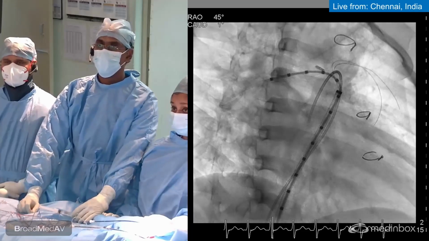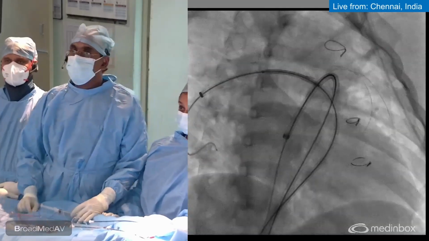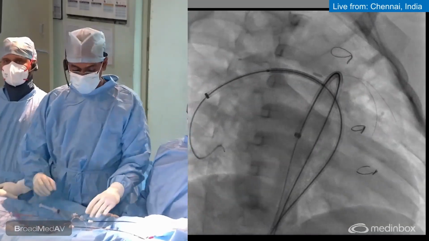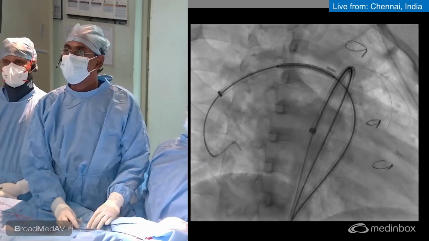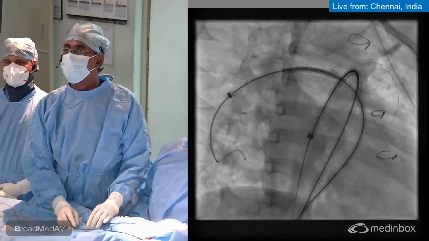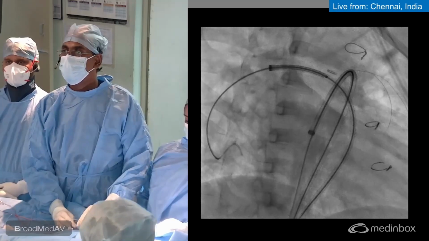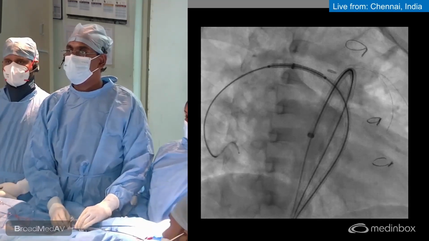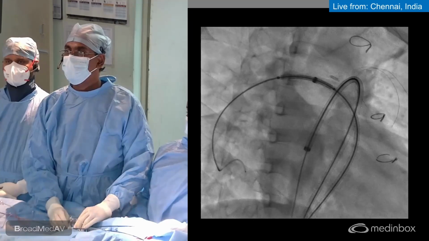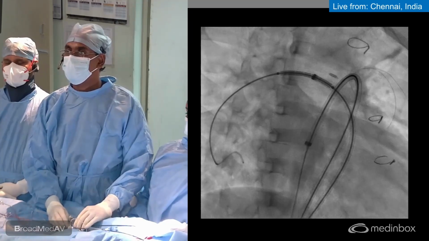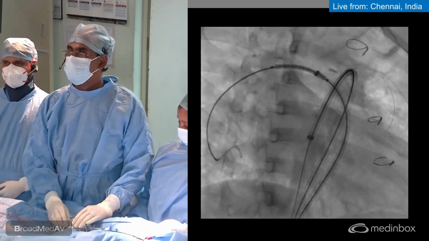We'll try to see. Are we in the same view? Yeah, we are able to see the clip now. I'm just advancing the stent a little deeper, and I'm peeling back the sheath about 75%.